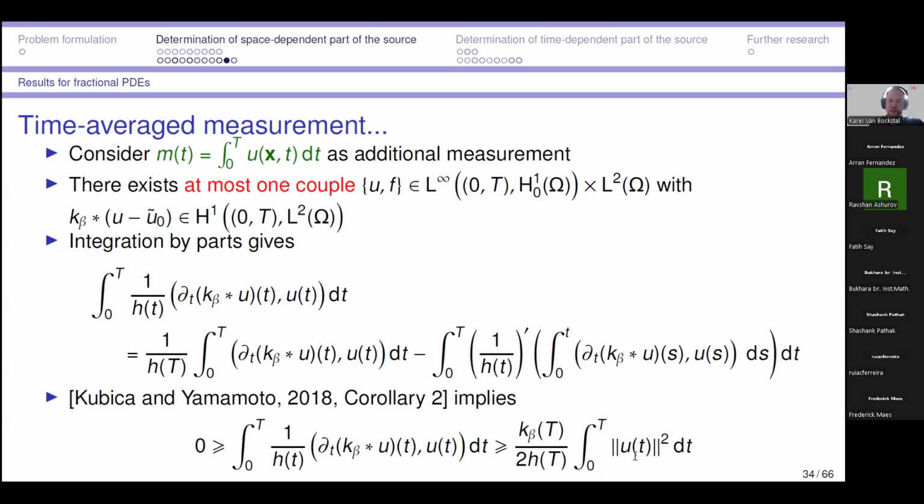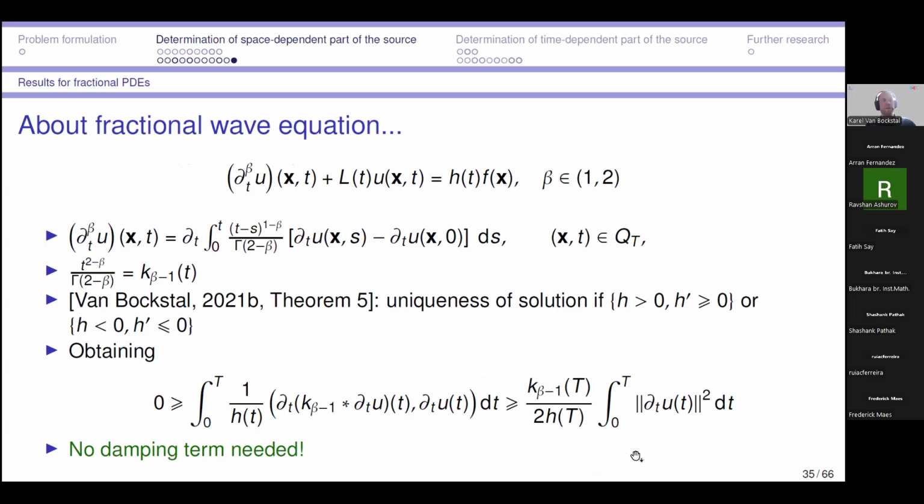So this is also a good measurement, theoretically at least, for the fractional subdiffusion equation. Nice to note about the fractional wave equation is that there is no damping term needed compared to the classical case, beta equal to 2.